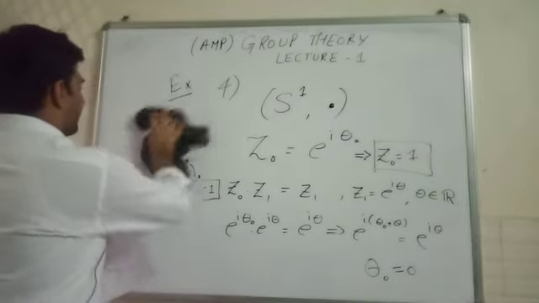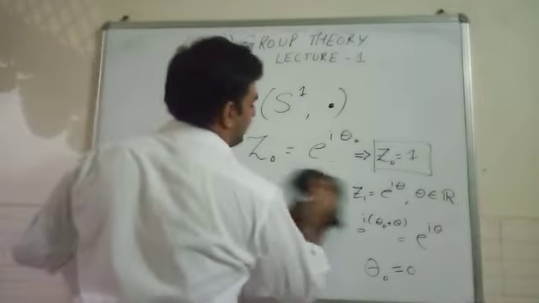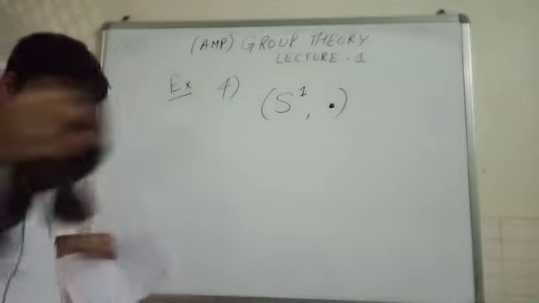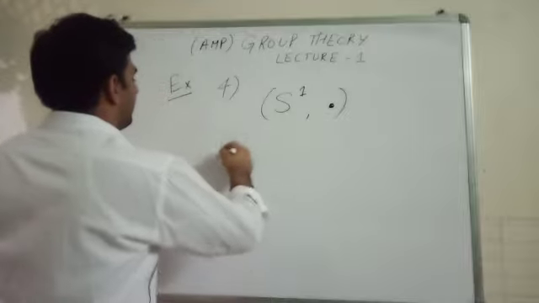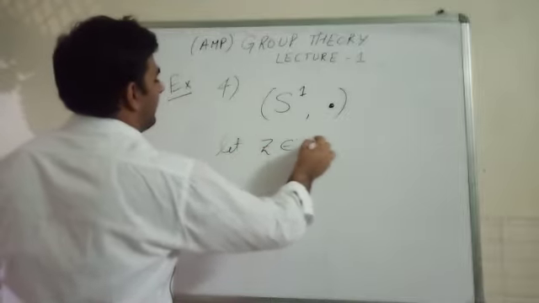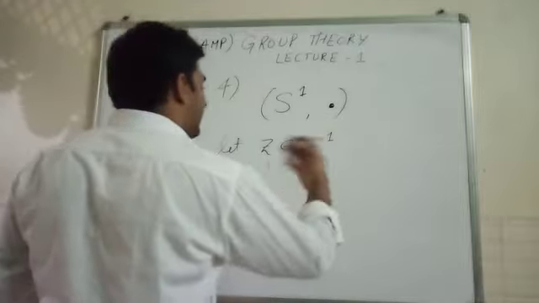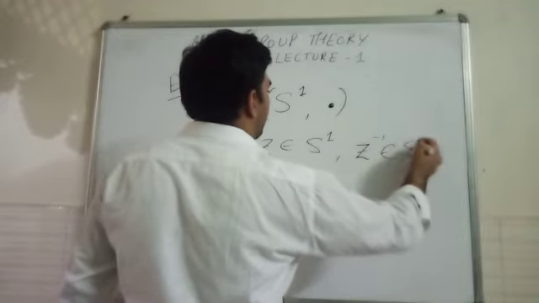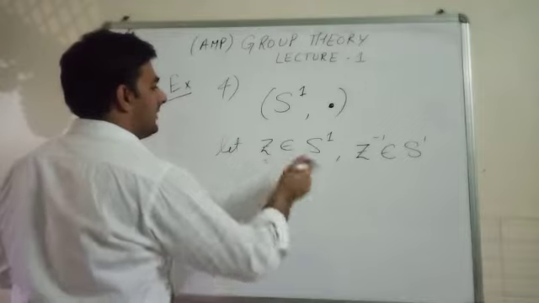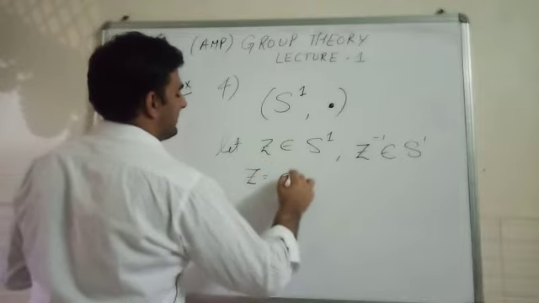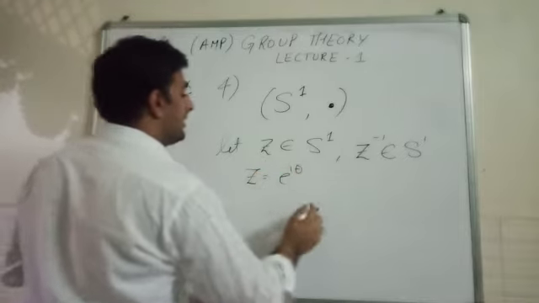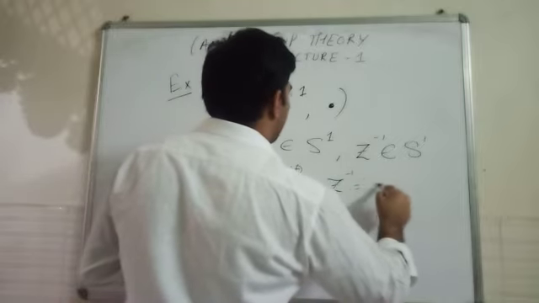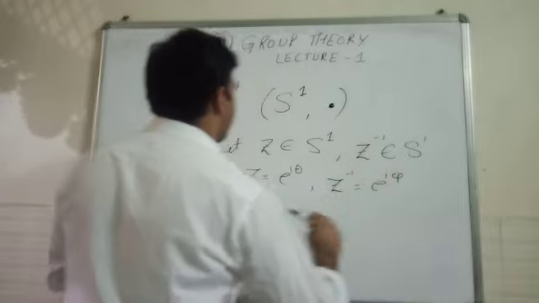Now let's look at the inverse element. Let z belong to S1, and let its inverse z inverse also belong to S1. Now in the polar form, z can be written as e^{iθ} for some θ, and z inverse can be written as e^{iφ} for some φ.